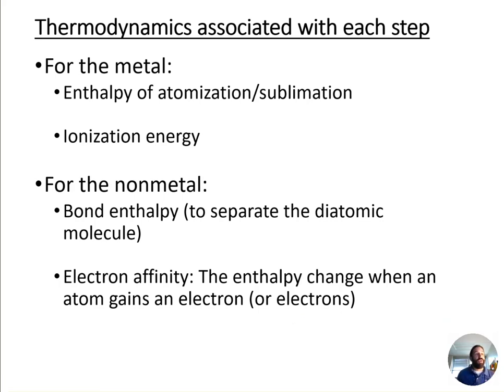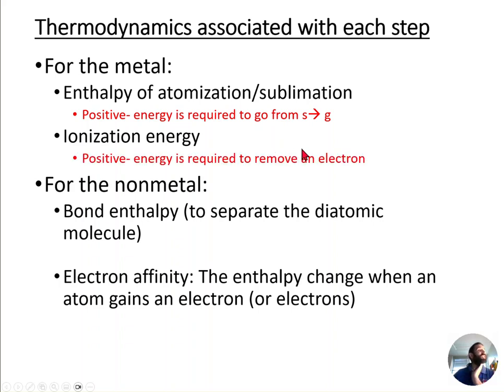All right, so when we look at the cycle, this is a two-dimensional cycle, and we use arrows to show the processes. It's all done on a spectrum of energy. So if the arrow points up in your spectrum, that means it's an endothermic change. And if it's exothermic, that means the arrow points down. So the steps for the metal, the enthalpy of atomization and the ionization energy are both positive. So those arrows will always point up in the cycle.